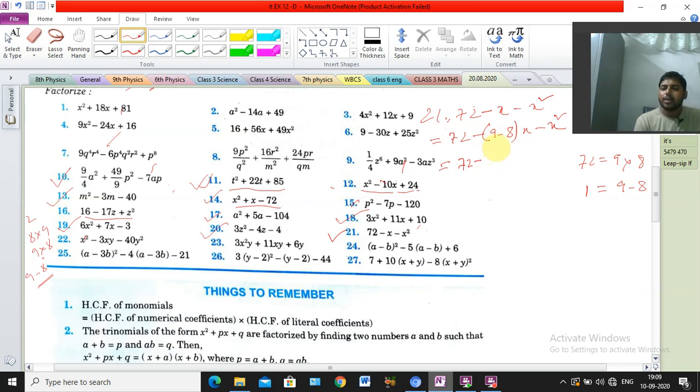If we remove the bracket, we get 9 into x, 9x, and minus a plus 8x. This one clear? Because plus sign was there in the bracket, so plus 9, and minus 9 means plus 9 and outside minus, so we get minus 9x, and inside minus, outside also minus, plus, so we get plus 8x. Okay, minus x square.